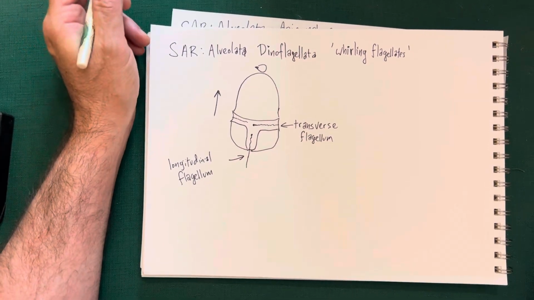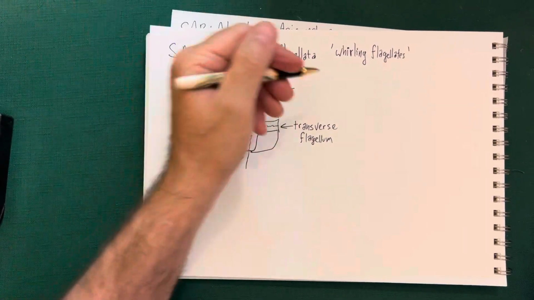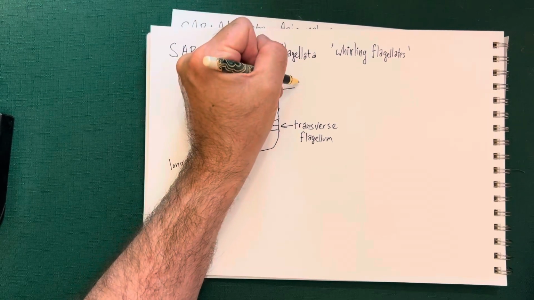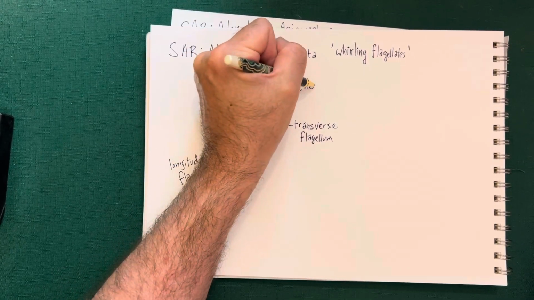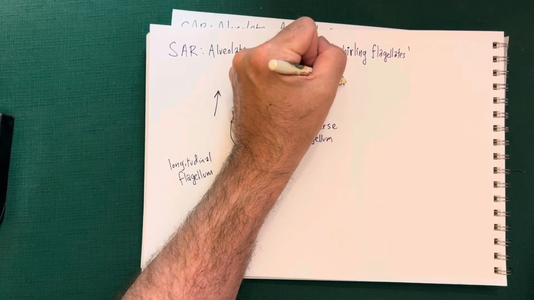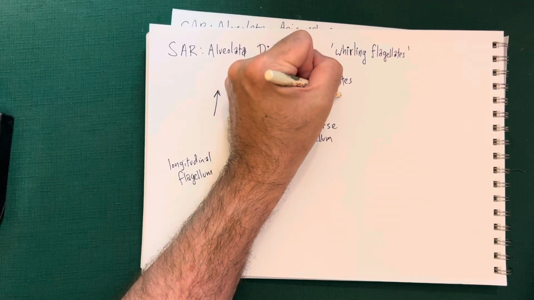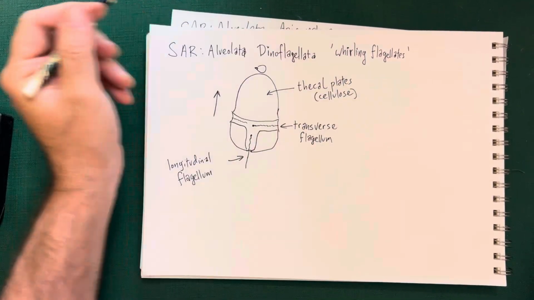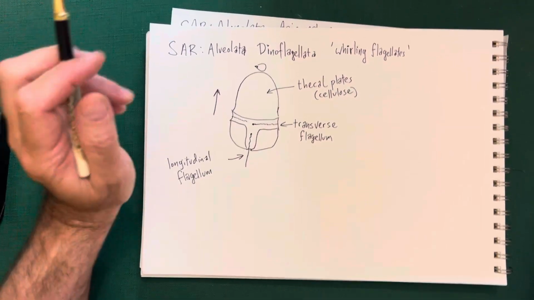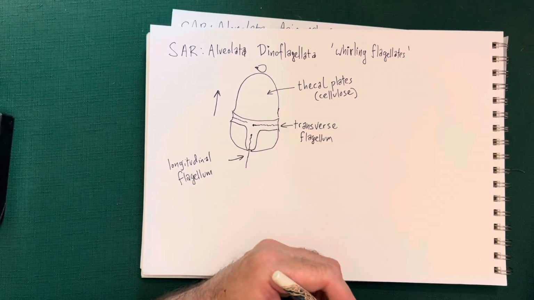So there's a bit more to the anatomy of them, but only one more thing I really want to point out here, which is that many dinoflagellates have cellulose plates that form a structure called a theca. So the thecal plates are often very diagnostic as to what particular genus or family of dinoflagellate you're looking at.